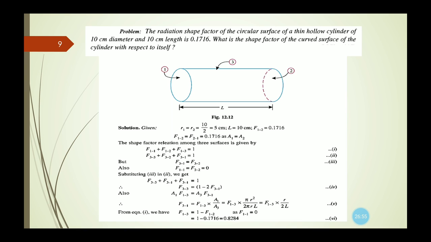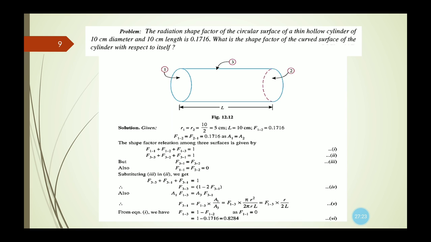Also if we use the reciprocity relation, we get A1 F13 equals A3 F31. So F31 equals F13 multiplied by A1 divided by A3. If we write the formula for the areas of surfaces 1 and 3, we get F31 equals F13 multiplied by R by 12.